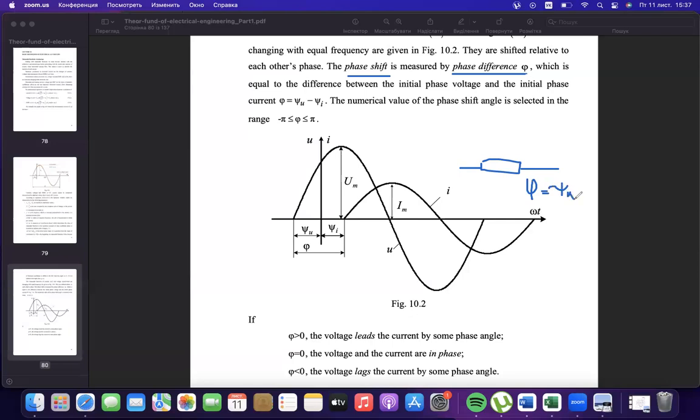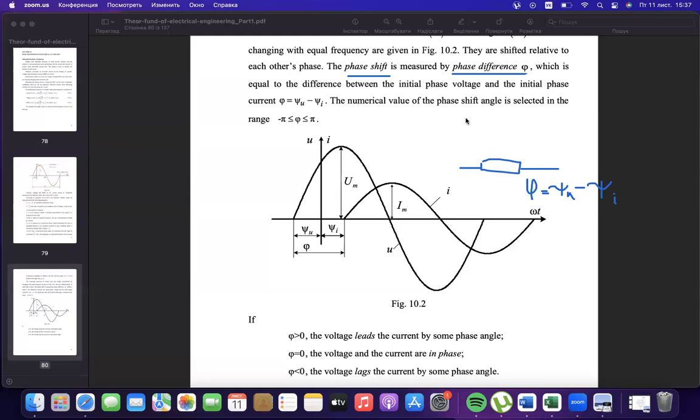It can be found as the difference of initial angles, voltage minus current, Psi minus Psi. And why is this characteristic important? Because for the three main elements, the numbers will be quite concrete and also different.